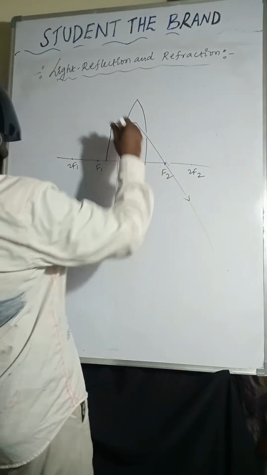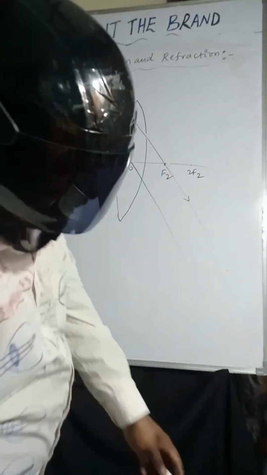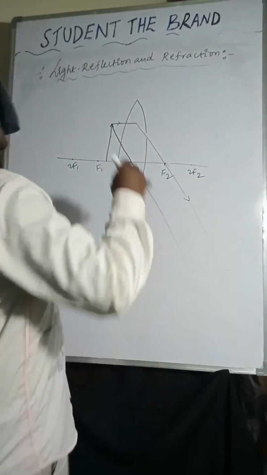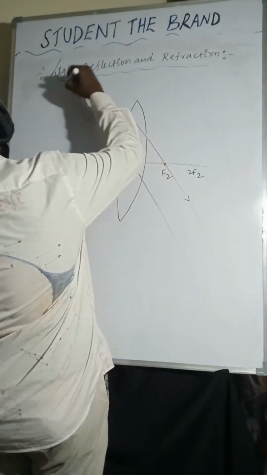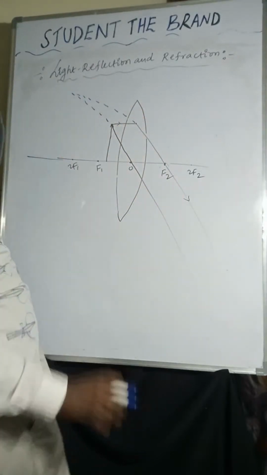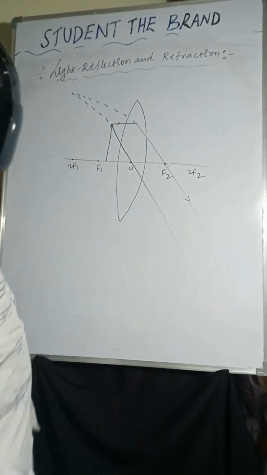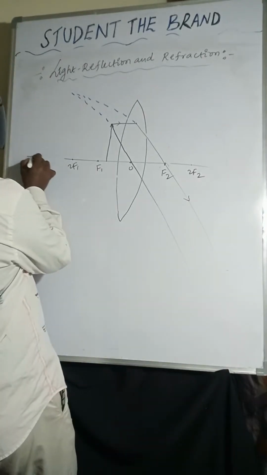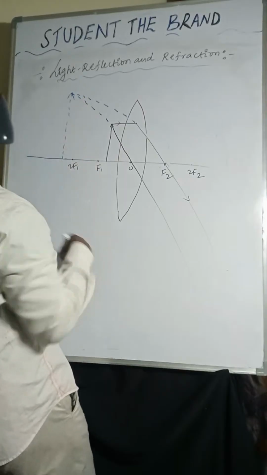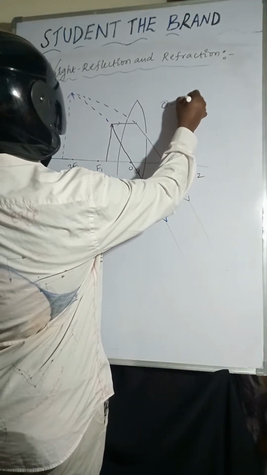Another light ray passes through optic center. If you extend these light rays backward, those light rays will meet. Object is between F1 and O.